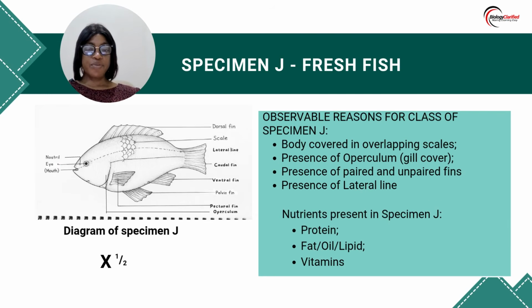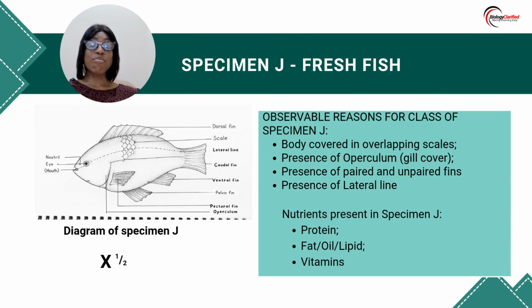So here we have the drawing of specimen J. I actually drew this specimen myself and took it to ChatGPT to enhance it. So that's how I arrived at this. You can see the labeling, horizontal labeling, ruled, and the moment the ruled guideline is horizontal, the label is also horizontal.